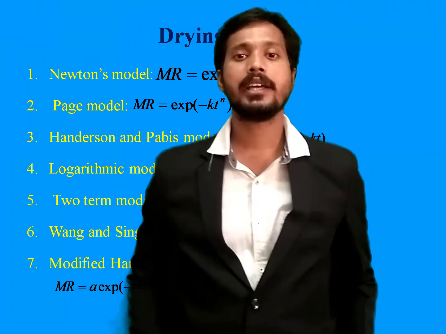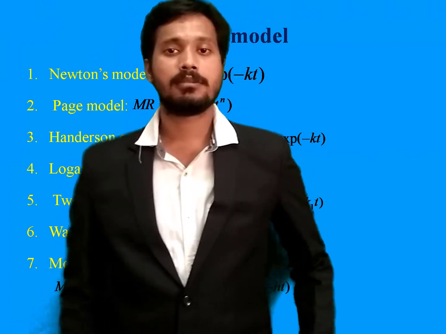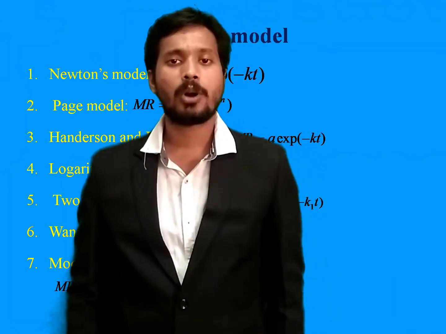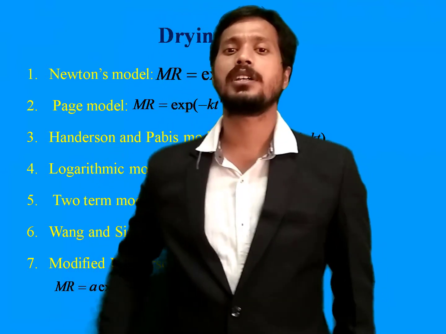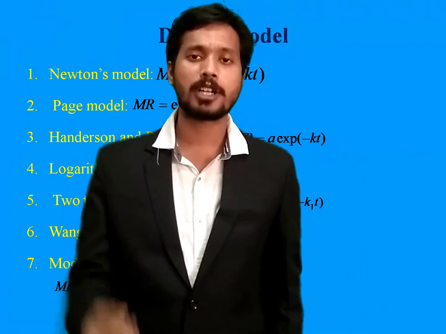So now here you can see there are several drying models available. The concept is the same. Why are so many drying models required? Because if we don't have the models, then we have to perform the experiments a number of times.